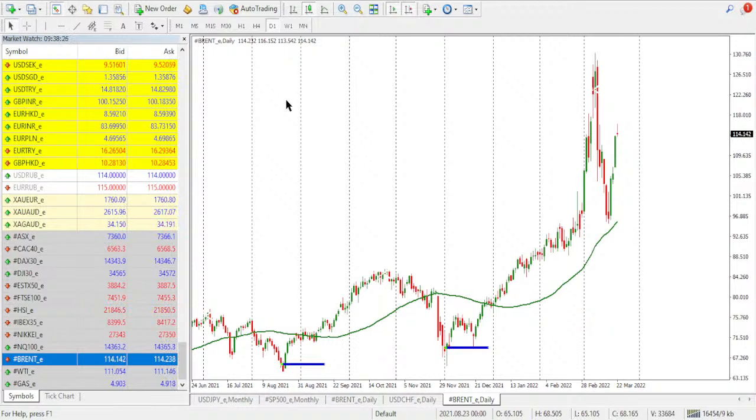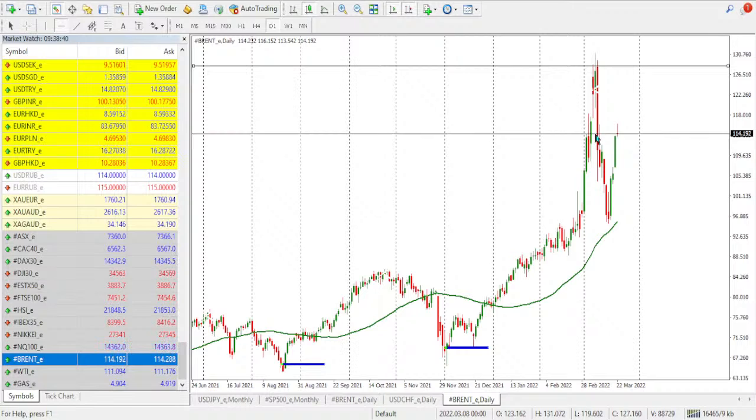Expect price to continue upwards, at least up to this point here. This is a very good place to be looking for more buy positions. So keep looking for more buy signals, whichever strategy you're using, expecting price to extend itself upwards, at least up to this level here.